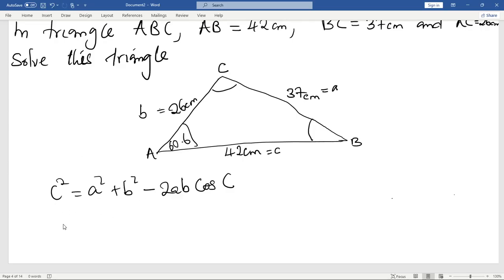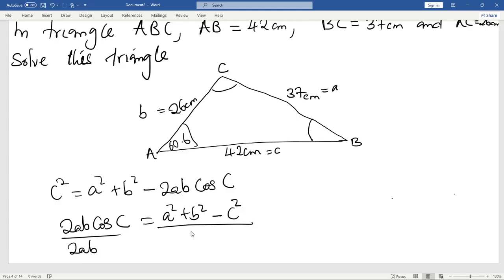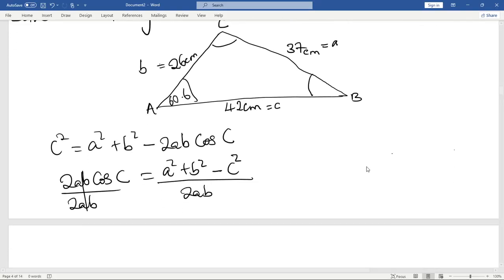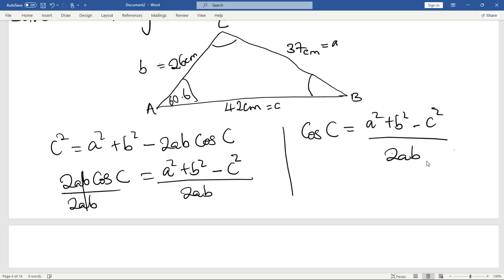So meaning that here we're going to have 2AB cos C is equal to A squared plus B squared minus C squared. We divide both sides by 2AB. Then we have that cos C is equal to A squared plus B squared minus C squared divided by 2AB.